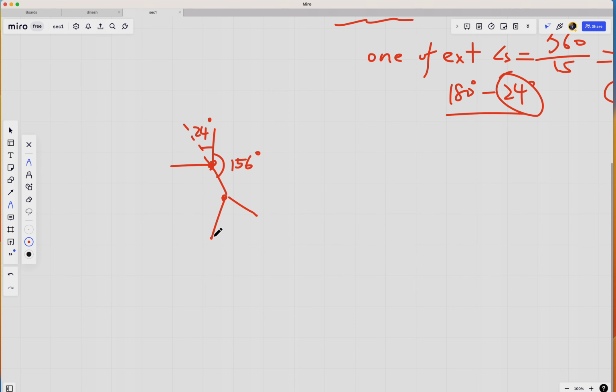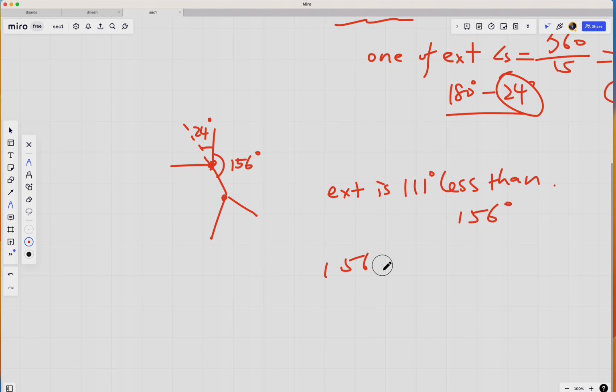Each exterior angle of a regular n-sided polygon is 111 less than each interior angle. So you can find out the exterior angle is 111 less than the interior angle of the 15-sided, that means less than 156.